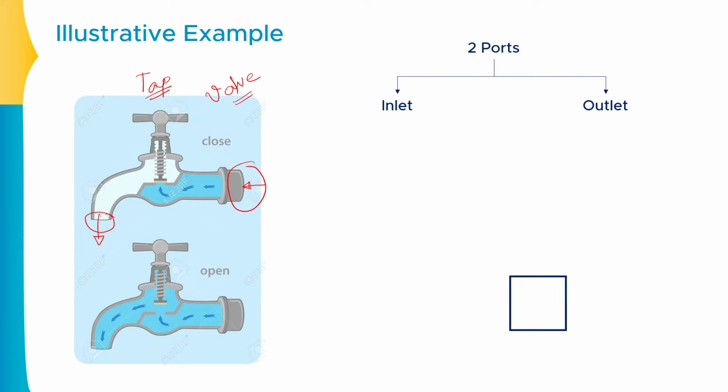As there are 2 ports available, I need to indicate 2 lines that represent the 2 ports. The lower line represents the inlet port and the upper line represents the outlet port. Clear? So this is a square, and the lower and upper lines show the number of ports which are available to me.